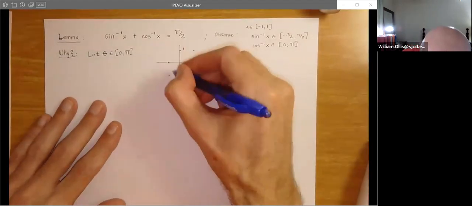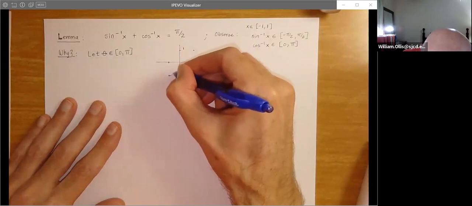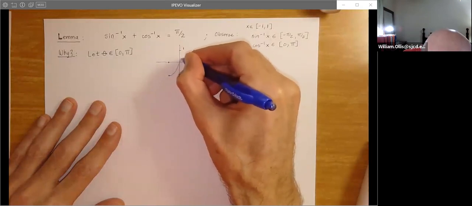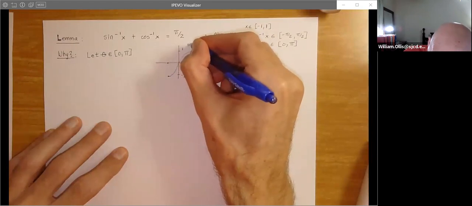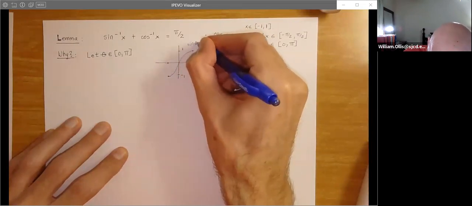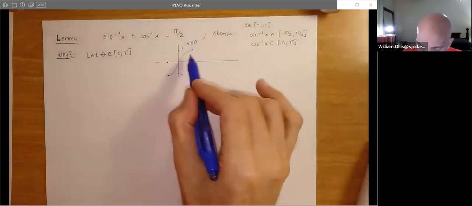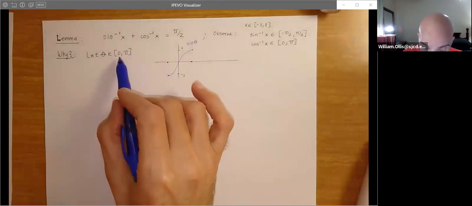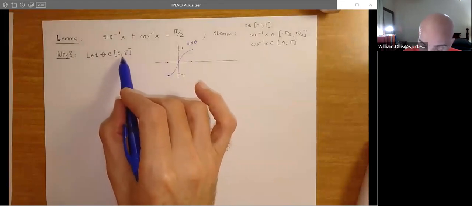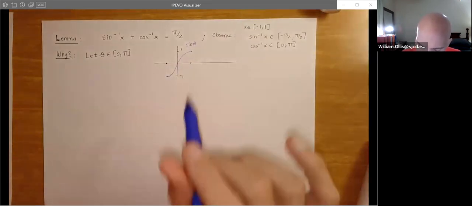So in this case, I'm going to draw in this piece of the sine function. So here we have sine of theta. Of course, we're being a little bit flexible because I'm going to focus on the cosine graph.